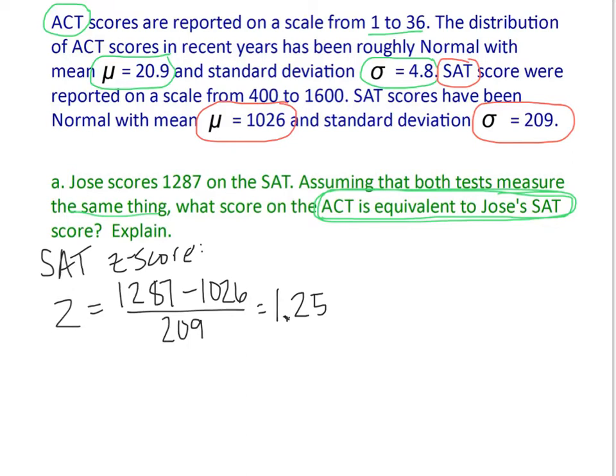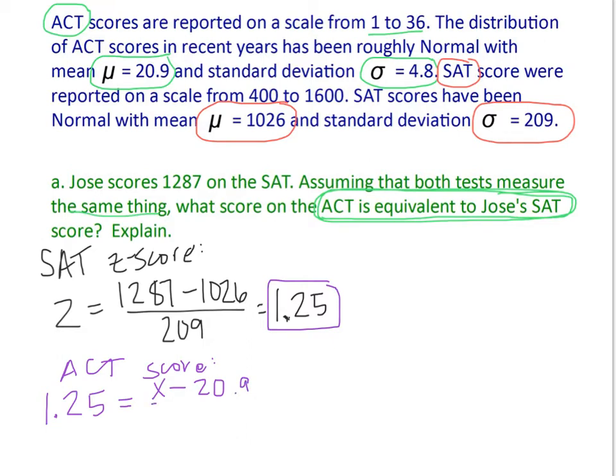So his z-score on the SAT is 1.25. So if I want to find his ACT score, I'm going to keep this z-score to find the ACT score. I'm going to use 1.25 for the z and say z equals x, which is the ACT score I'm looking for, minus the ACT mean of 20.9 divided by the ACT standard deviation.